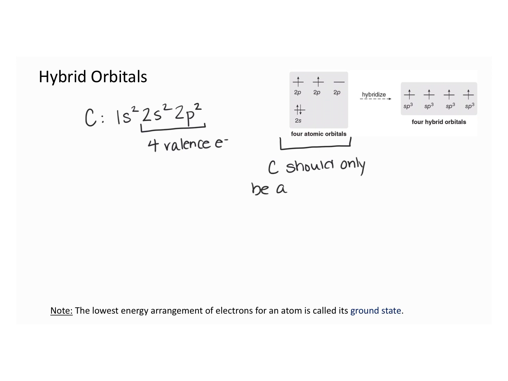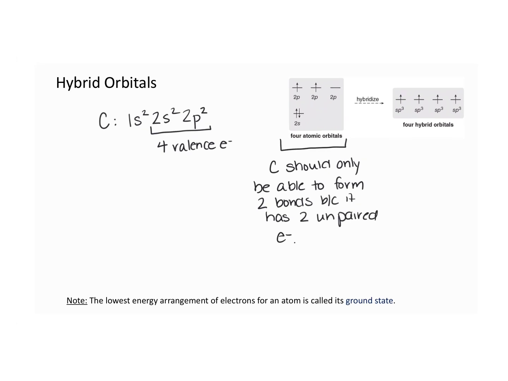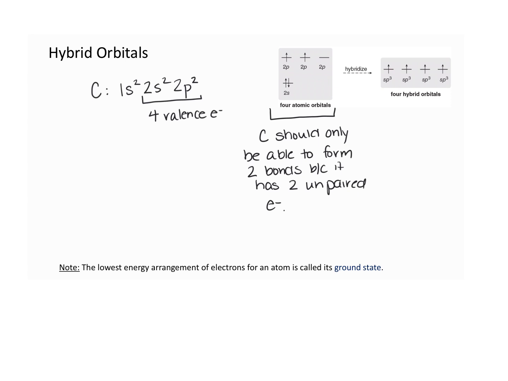Now, we know from all of the molecules that we have isolated that carbon forms, for example in methane, four bonds.